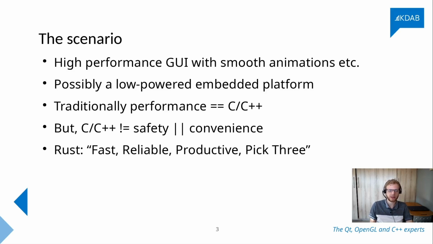And one of the things with Rust is it actually forces you to give the compiler more information about your memory. So in theory, the compiler can do more optimizations. But as far as I understand, none of this has actually been done in the compiler yet, so it's more of a future possibility.